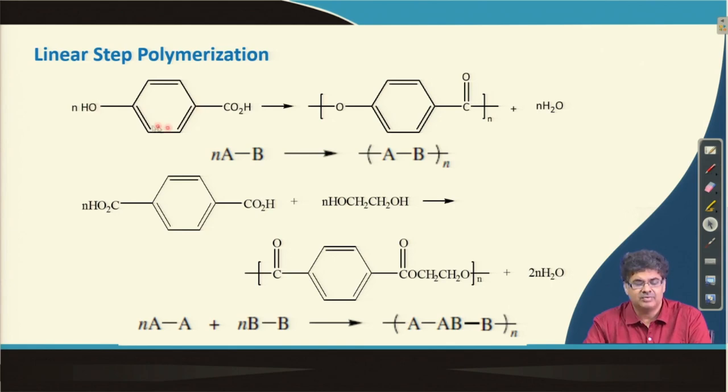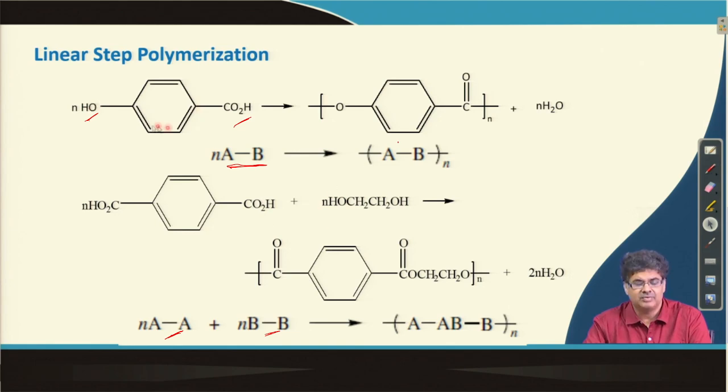So in linear step polymerization, you can see there are two types of monomer. One is AB. AB means one monomer contains two different types of functional group, like OH and COOH. Another type, we can use separate monomers: one containing AA, the same group on both sides, and another monomer containing BB functional groups on both sides. According to our application, we can select either strategy for the synthesis of the required polymer.